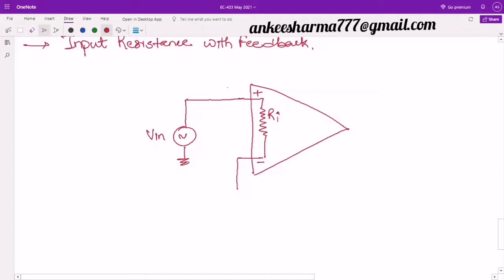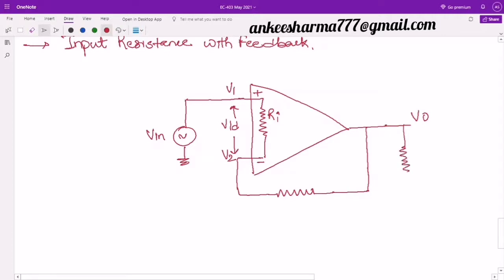In the positive terminal we had V1 voltage, in this we have V2 and this is VID. I guess the diagram is now clear to you. As I'm taking the case of the voltage series configuration, I have taken this in parallel and it is fed back to my input in series.